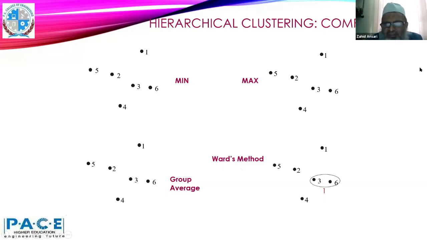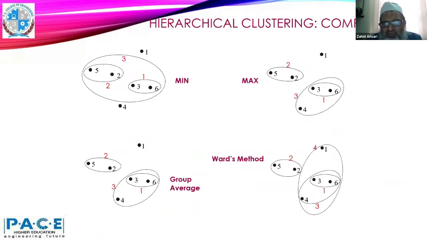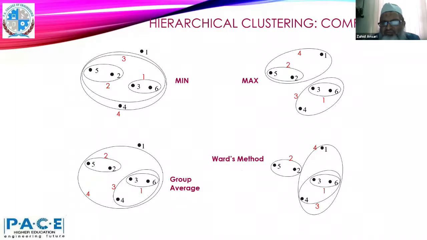I'll just keep going to see the differences. The explanation will take lots of time. So the basic idea is this method, based on finding out the differences between the clusters, the clustering changes over here.